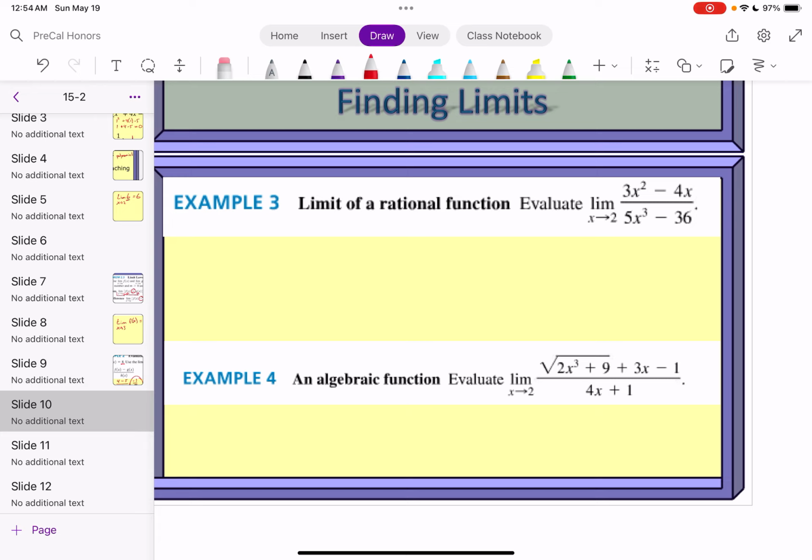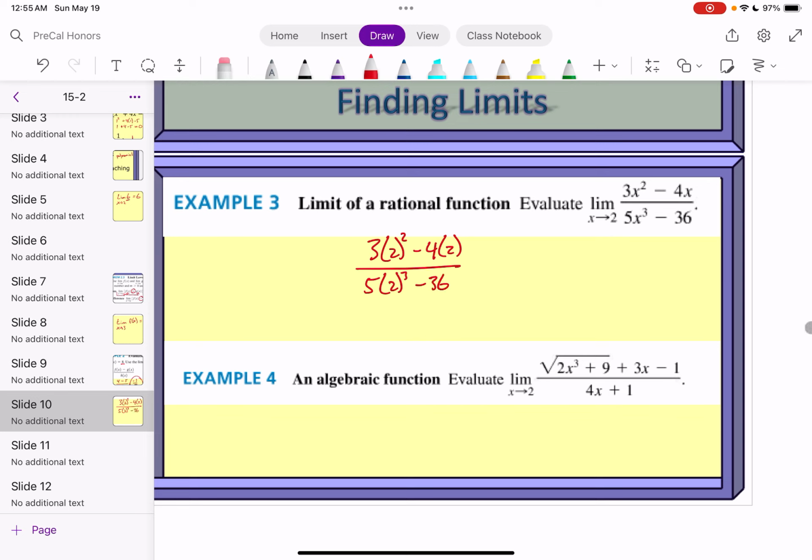In example 10, once again, based off of the equation being given, we're going to go ahead and replace our x values with 2's. So we're looking at 3 times 2 to the second power minus 4 to the second power over 5 times 2 to the third power minus 36.